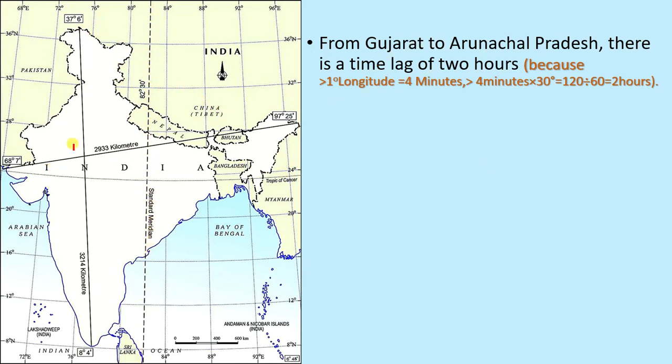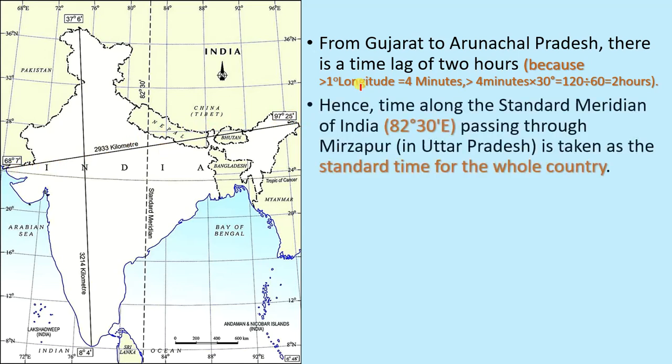As in the previous slide we discussed, there is a difference of 30 degrees of longitude from 68 degree 7 minute to 97 degree 25 minute east. That 30-degree difference makes the 2 hour difference between the easternmost point and the westernmost point.